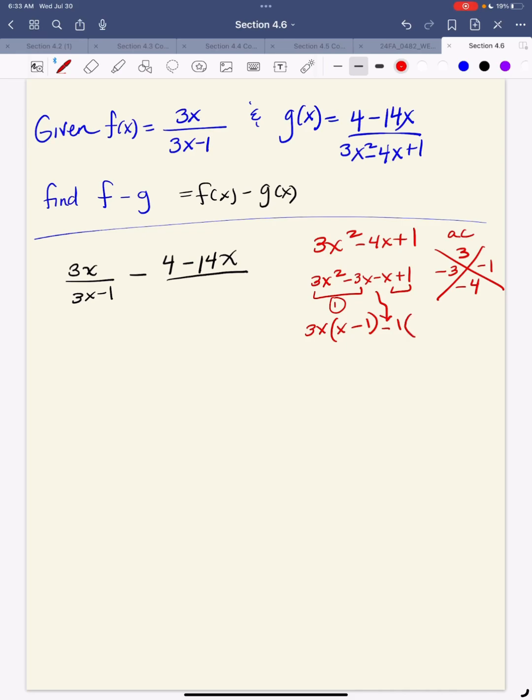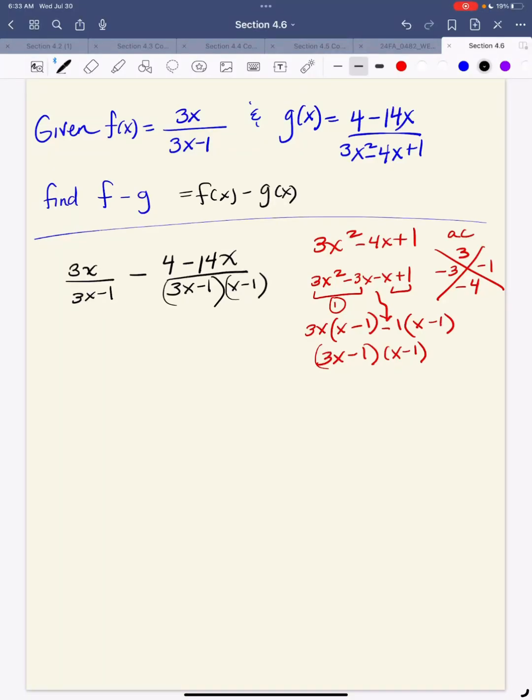So 1 times an x will give me back the minus x, and minus 1 times minus 1 will give me back 1. So I've got a 3x minus 1 and an x minus 1. So I have successfully factored this into 3x minus 1 and x minus 1.